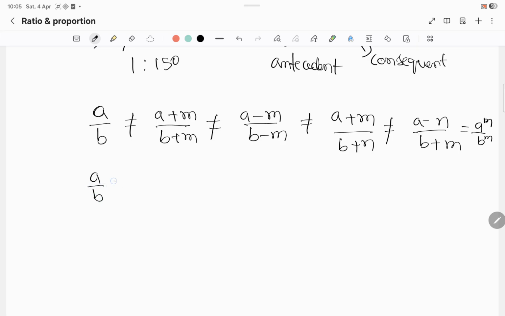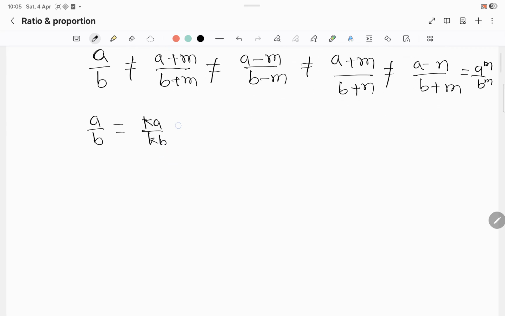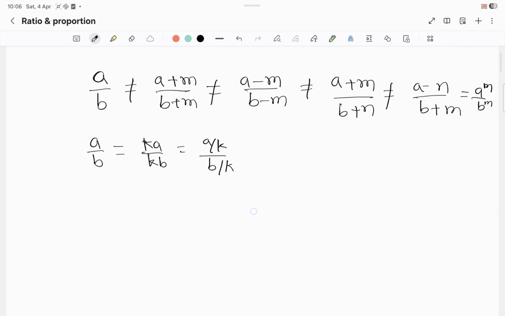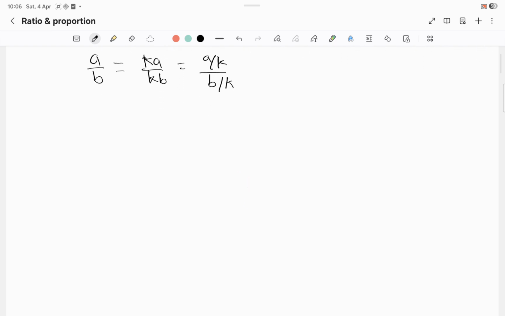But A by B is equal to Ka by Kb. Means a constant can be multiplied or a constant can divide this. Hope you understood this.